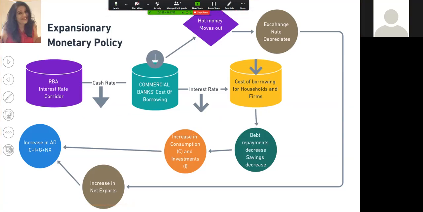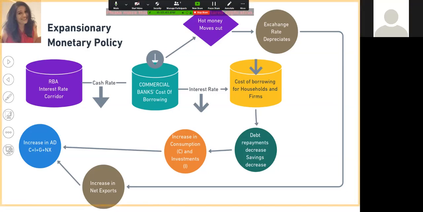Expansionary monetary policy, let us try and recollect what is expansionary monetary policy and when is it implemented? Expansionary is when the goal is to expand the economy. And how do you expand the economy? And why do you expand the economy? That's the question.